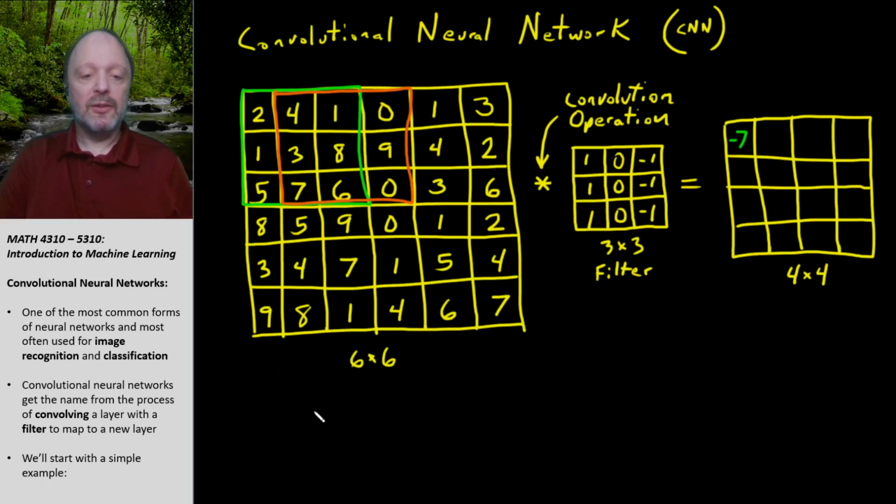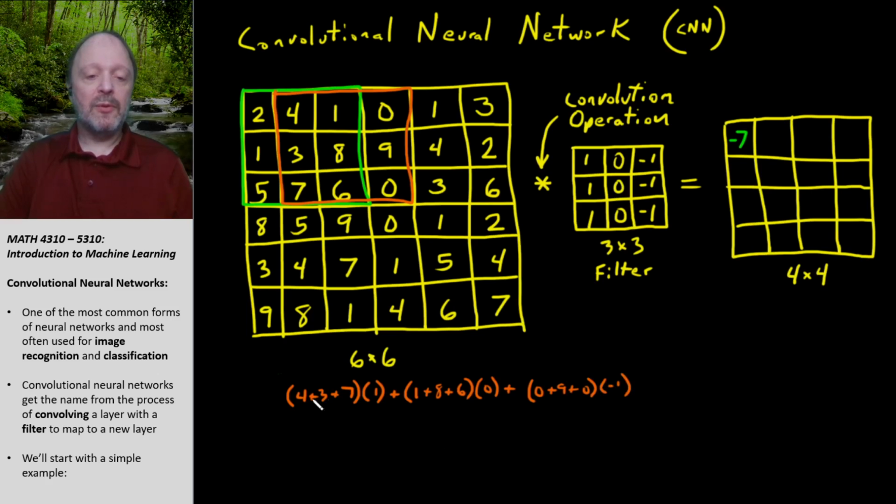Okay, so that one is going to be, using the new method, 4 plus 3 plus 7 times 1, plus 1 plus 8 plus 6 times 0, plus 0 plus 9 plus 0 times -1. Well, what does this give us? Well, let's see, this gives us 14, 0, and -9. So I get a +5 over here.